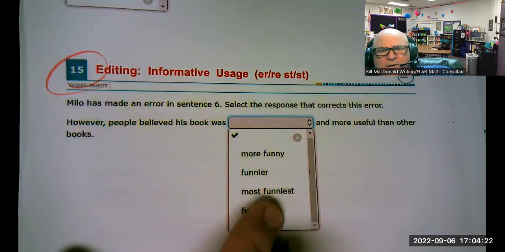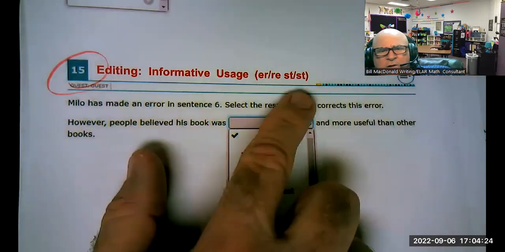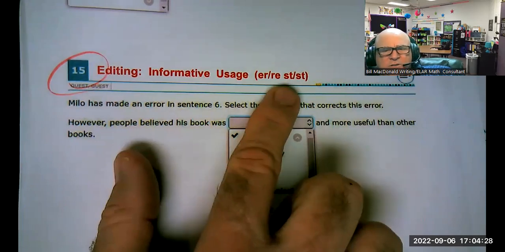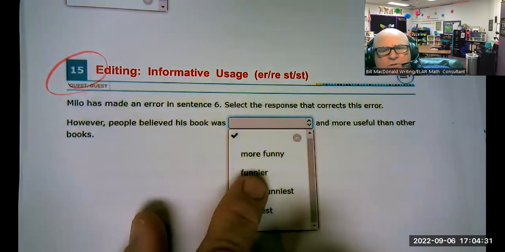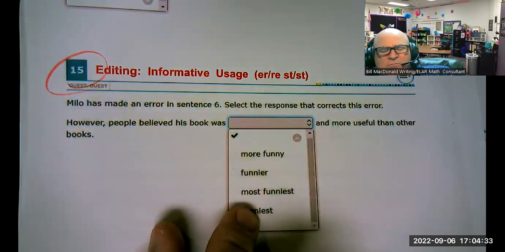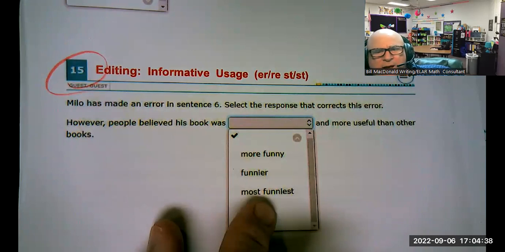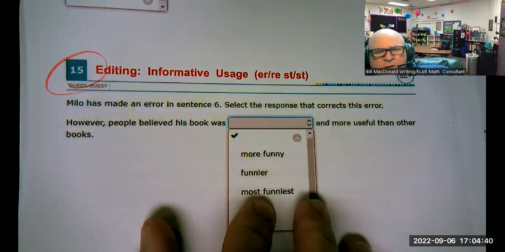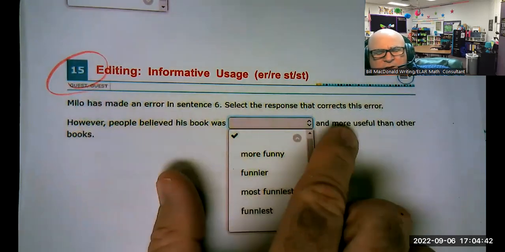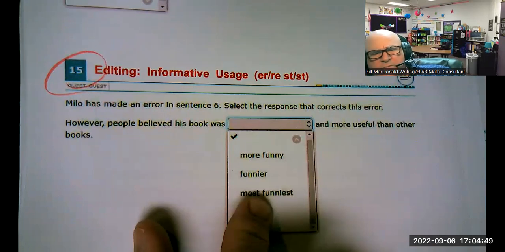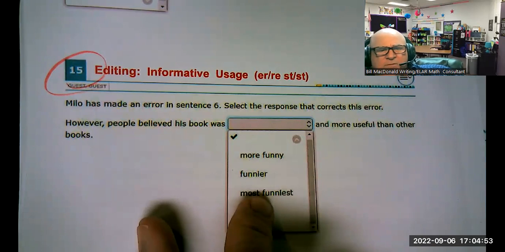So remind your kids of the ER, or ST, consecutive STs. It's either the funniest or it's the most. And since it's written together, we have to eliminate it. And because it's comparing, the comparative, not superlative, it wouldn't sound good if you put the superlative adjective with a comparative adjective.